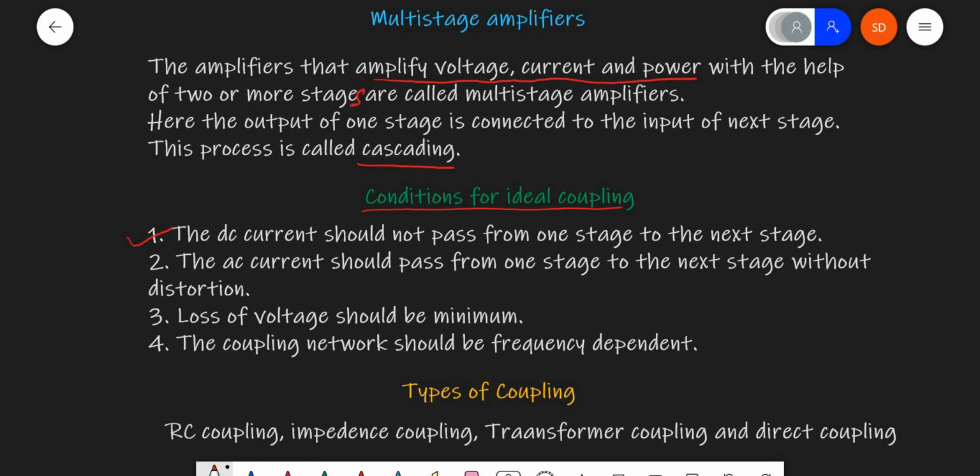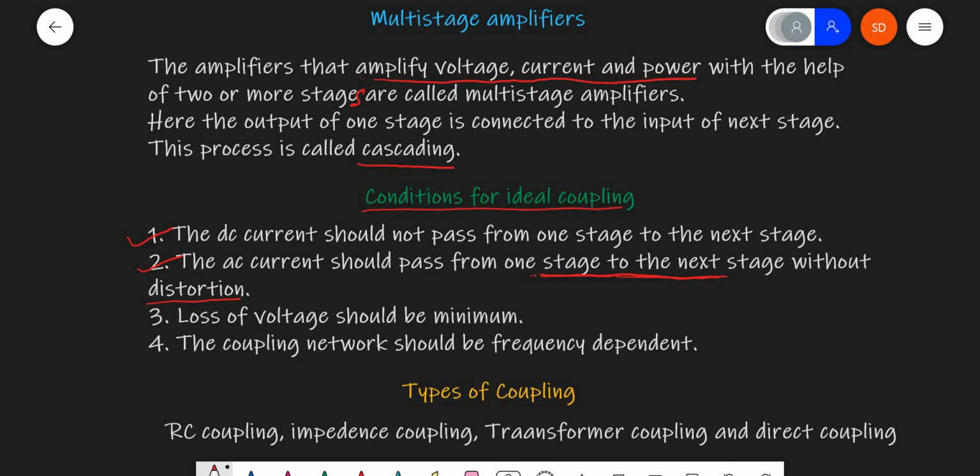Next, the AC current should pass from one stage to the next stage without distortion. There should not be any distortion in the AC signal when it passes from one stage to the next. In practice this is not possible, but ideally it is to be considered.